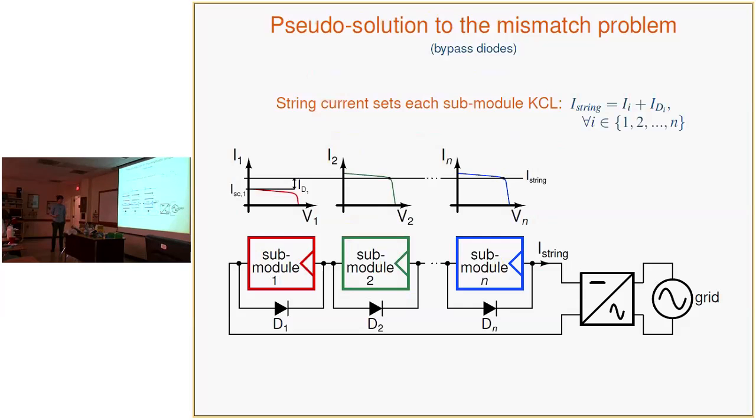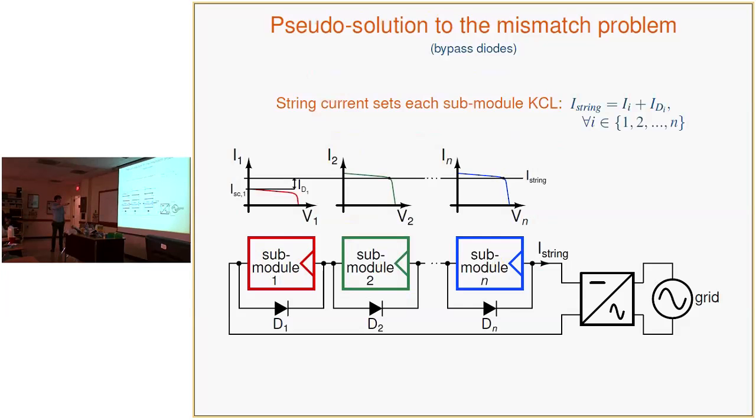So in a way, these diodes are essentially compensating for the mismatch, but they're not operating the submodule at its maximum power point, right? It's just shedding that extra amount of current away from that submodule and keeping it within the first quadrant. You're shorting it out.